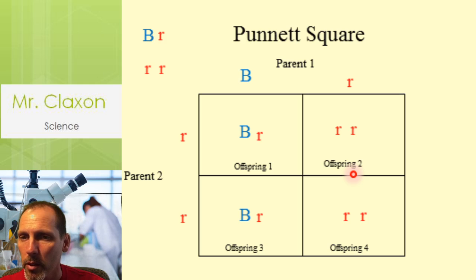We could also say there's a ratio of 2 out of 4, or I guess that would be 50%. No, the ratio would be 2 red flowers for every 2 flowers that are blue. And really it's 2 to 2, same thing as a 1 to 1 ratio. So different ways of summarizing what you got here.